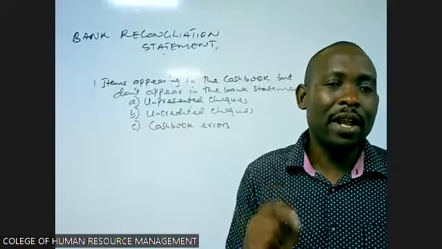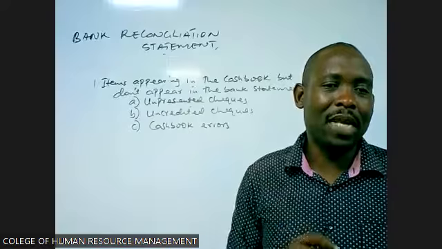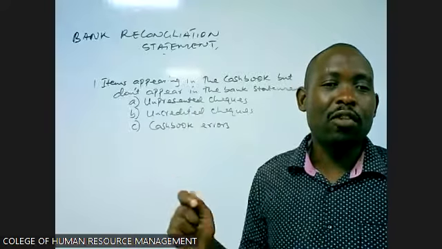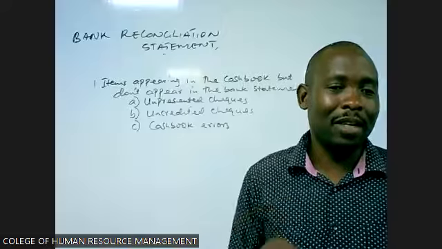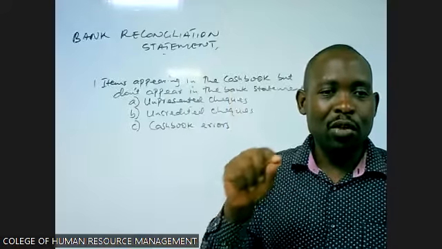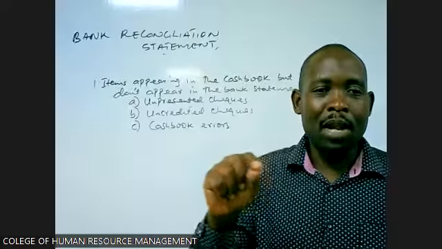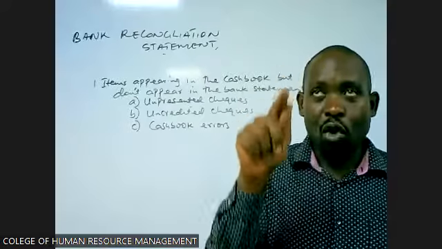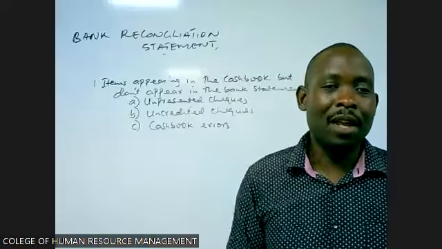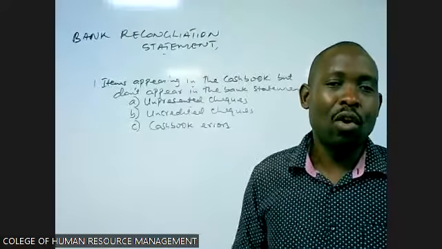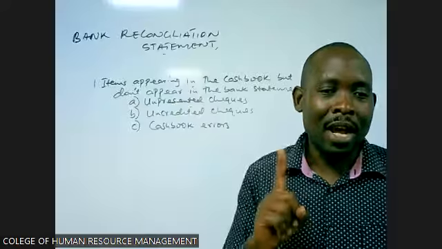But when you look at the debit column of the bank statement, because we have said a credit in the cash book corresponds with a debit in the bank statement. So when you look at the credit of your cash book, you can find that I paid wholesalers 10,000. But when you go to the debit column of your bank statement, that 10,000 has not been debited there. So automatically that becomes an unpresented check.